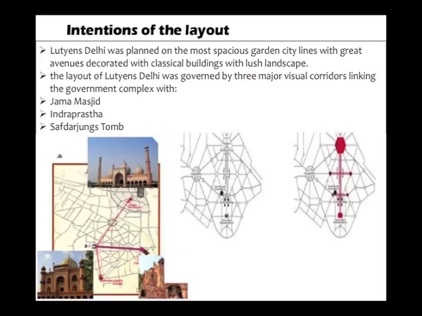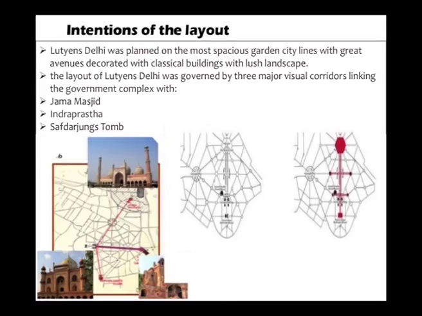What were the intentions of the layout? Number one, it was planned on the most spacious garden city lines, with great avenues decorated with classical buildings and lush landscapes. The layout of Lutyens Delhi was governed by 3 major visual corridors linking the different government complexes, because they wanted this to be a portrayal of the British India, or the new India under the British rule.